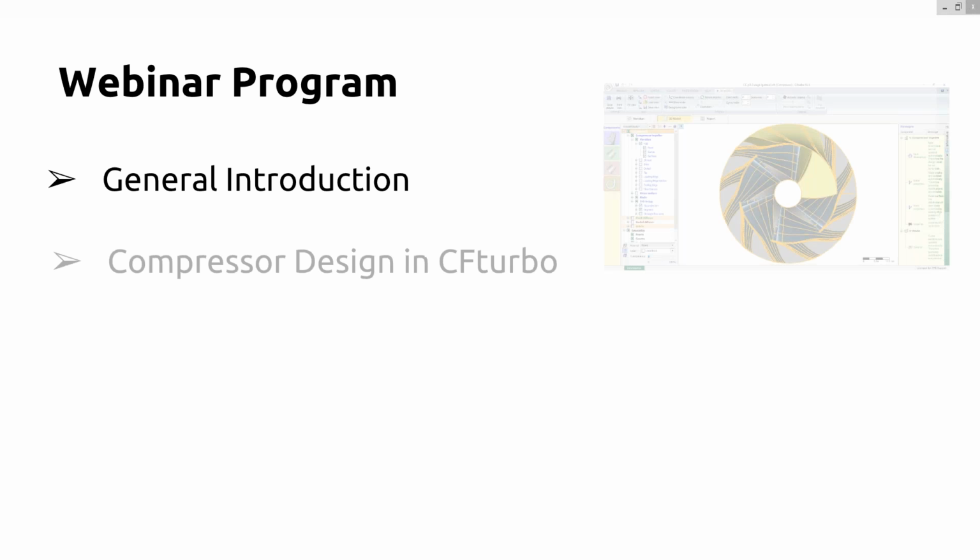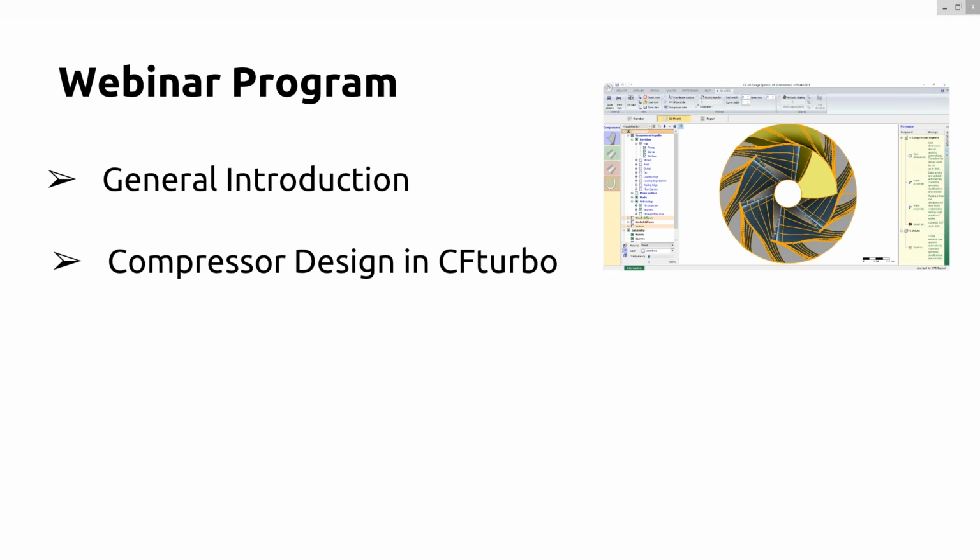About the program, the webinar is going to take about 1 hour, depending on the number of your questions and comments. There will be basically 4 parts in this webinar. In the first part, there is this general introduction. In the second part, let's call it the design part or CFturbo part, there will be a live example where Oliver is going to introduce CFturbo a little bit, and he will show a live example of centrifugal compressor design in CFturbo software with final export of the designed model to the turbo machinery CFD.